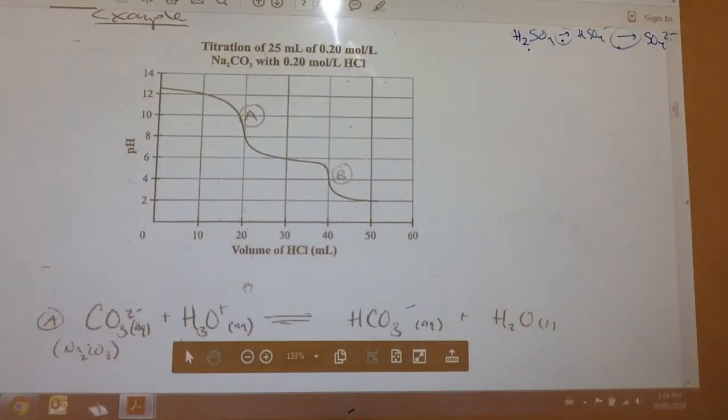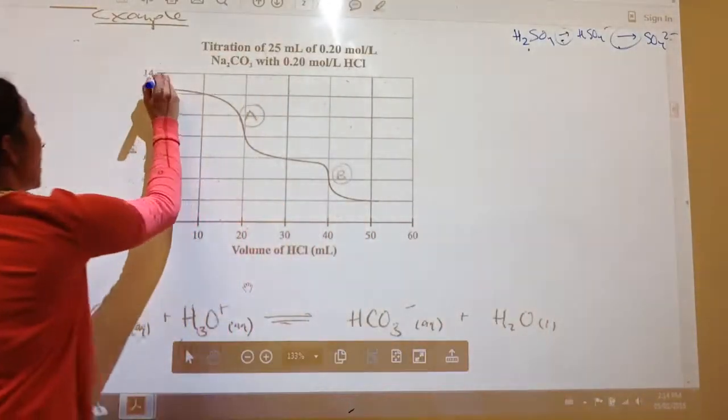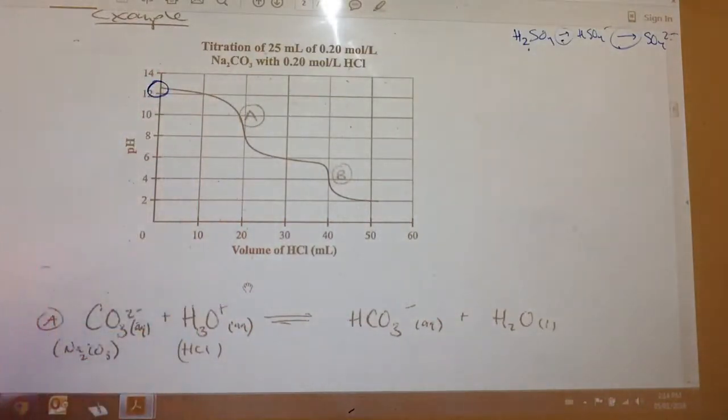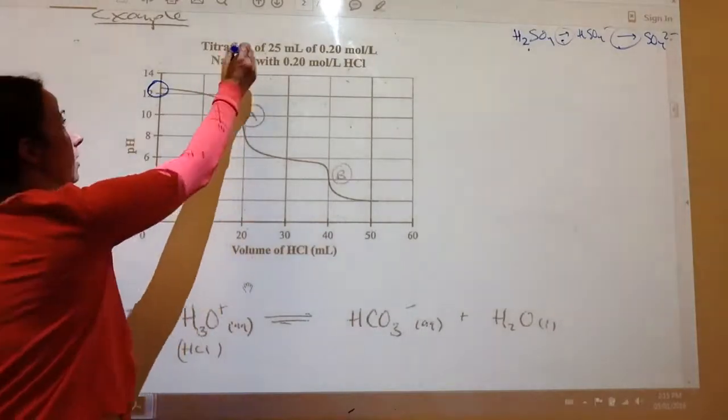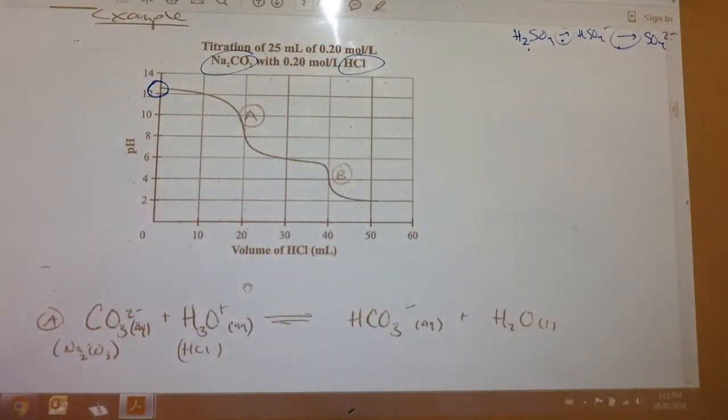So here I have a polybasic compound. What's in my Erlenmeyer flask, the acid or the base? The base is in my Erlenmeyer flask. Is it weak or is it strong? Weak, because it's not a pH of 14. Not only that, but the title tells you, do I have a soluble OH minus in there?